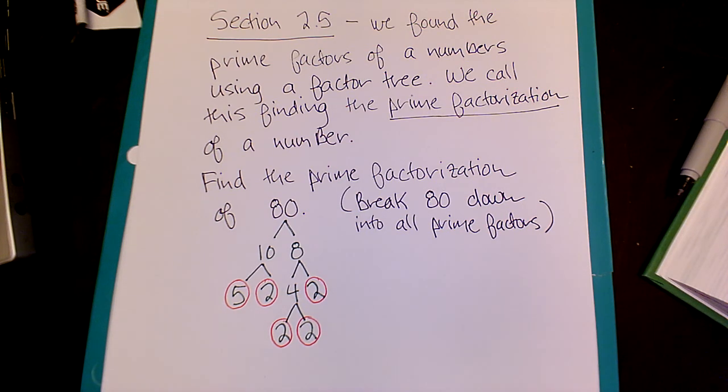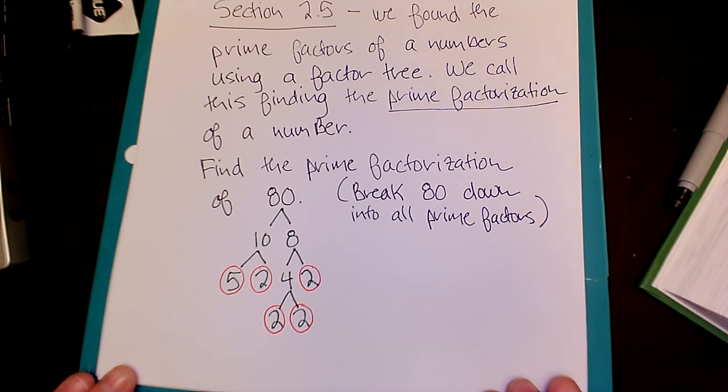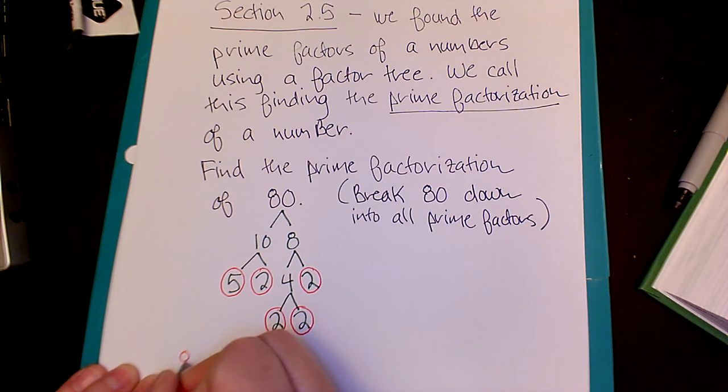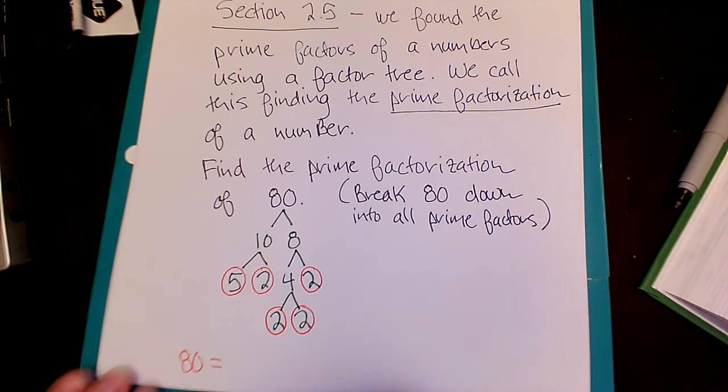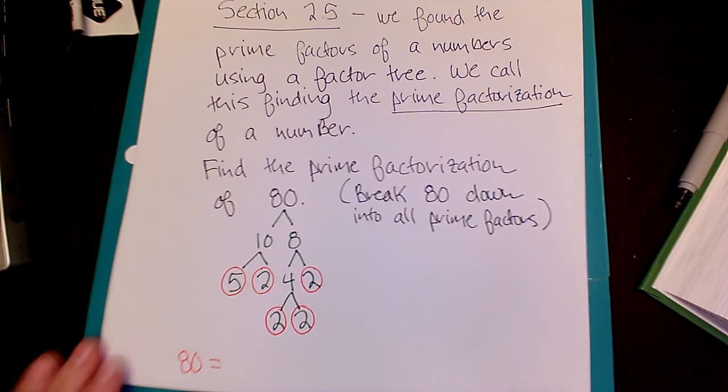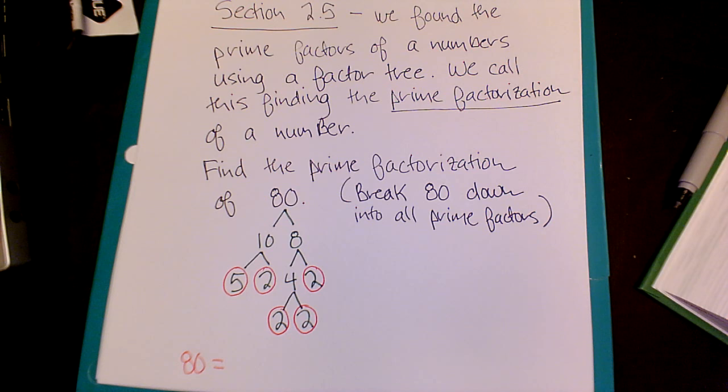So I know I'm done when I have all my circles. I can't branch off any further. So then at the end I just want to bring my 80 down, and I want to write down all the numbers that are in the circles.